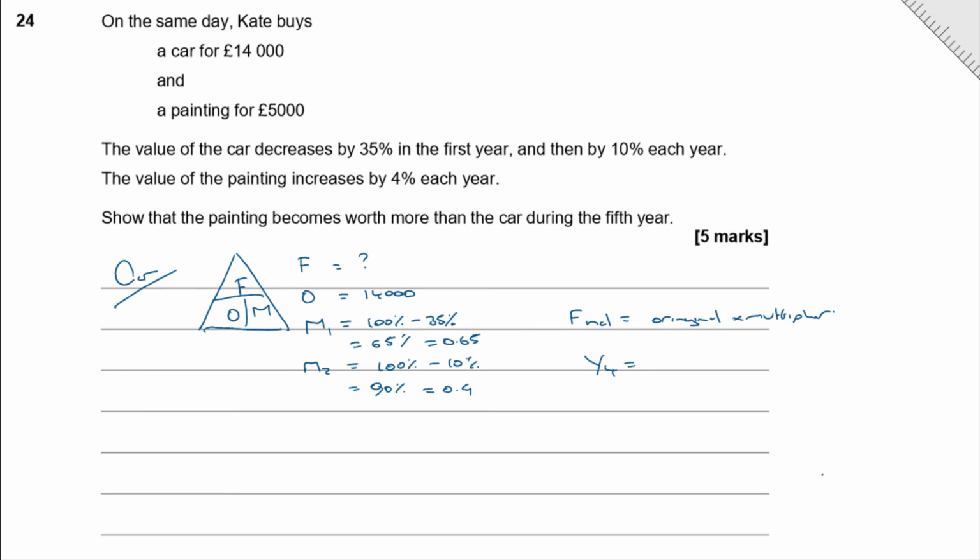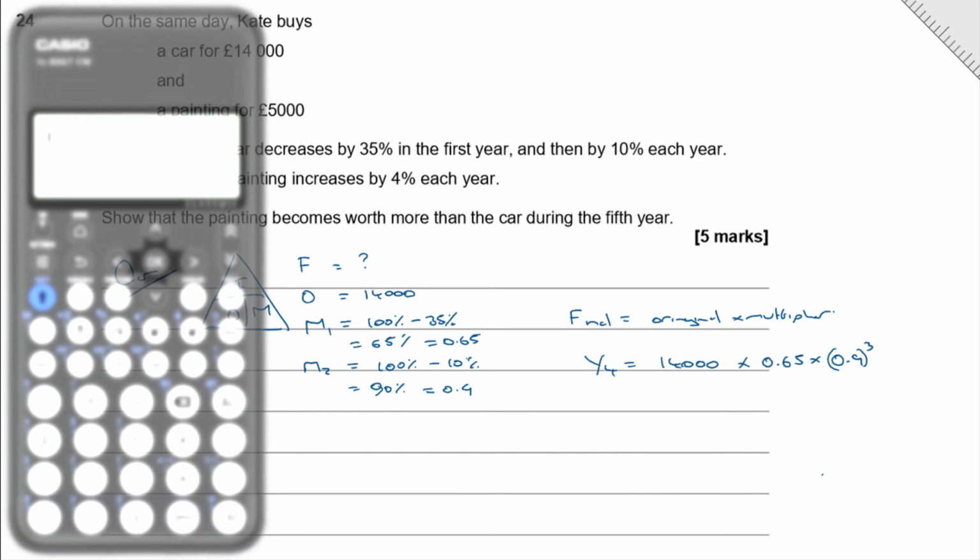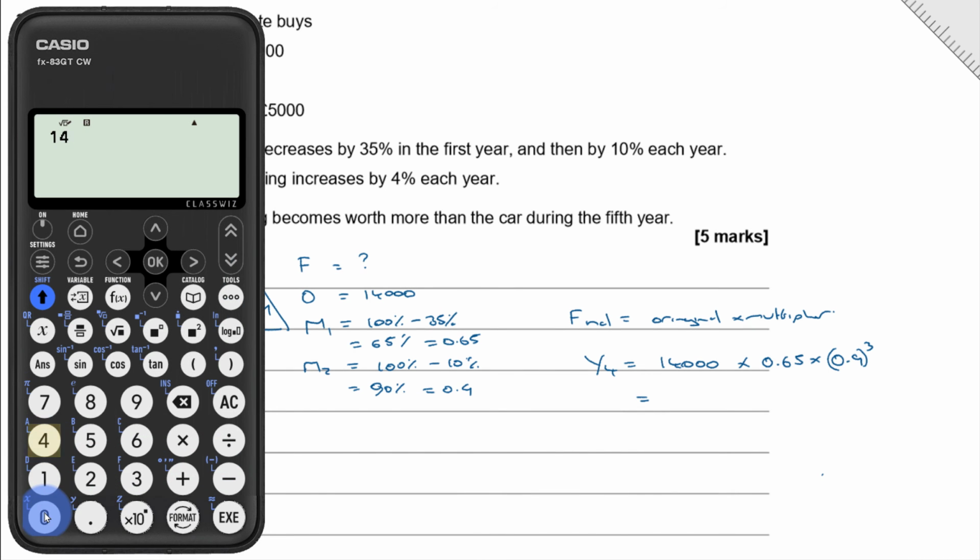So my year 4 amount is going to be the original amount, 14,000, times the depreciation after year 1, which is 0.65, times my depreciation for the next 3 years, which is 0.9 cubed, isn't it? Okay, which is going to be 14,000 times 0.65 times 0.9 to the power of 3. Okay, so that comes out to be 6,633.9.